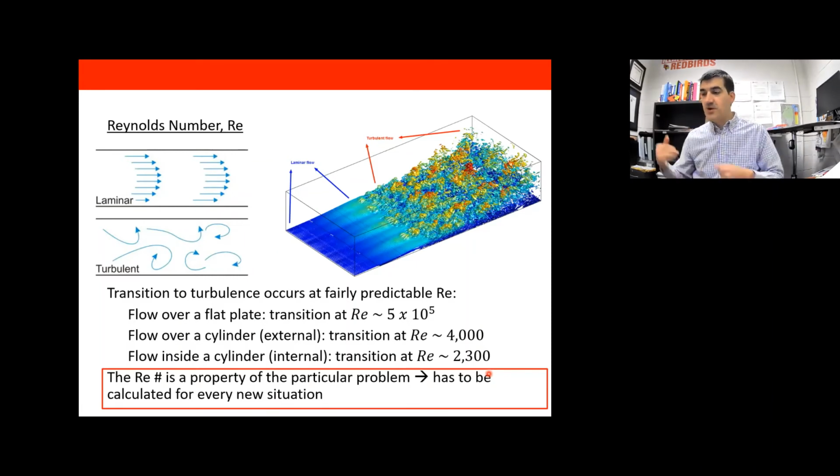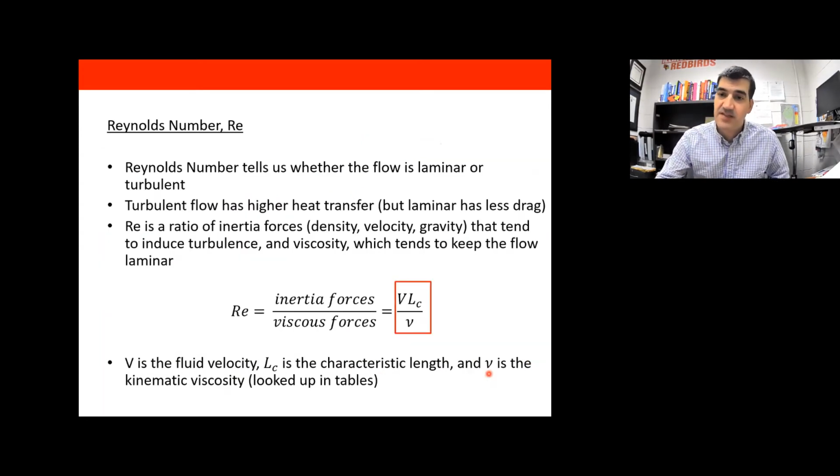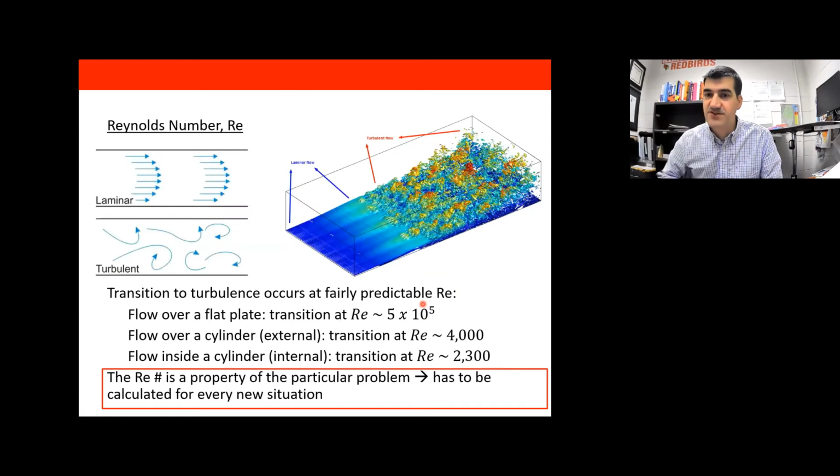And if the fluid is flowing inside of a tube or inside of a pipe, then once again, the characteristic length is the diameter of that pipe or tube. So in this equation, L sub C is going to be either the length of the solid surface that the fluid is flowing over in the direction of the fluid flow, or the diameter of the cylinder over which or through which the fluid is flowing. Okay, that's L sub C, the characteristic length.